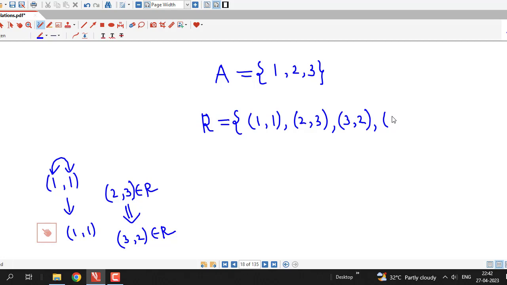Similarly, suppose I write 3, 1, then I must include 1, 3.